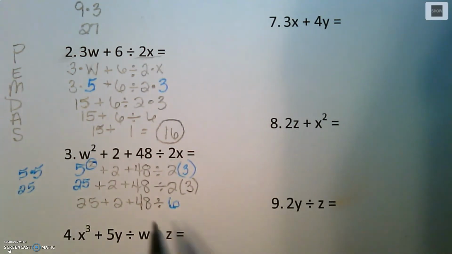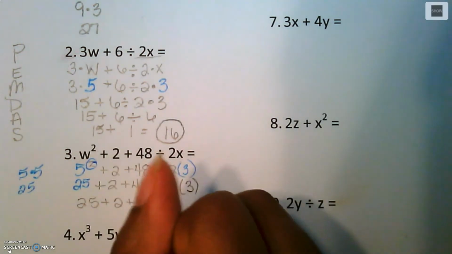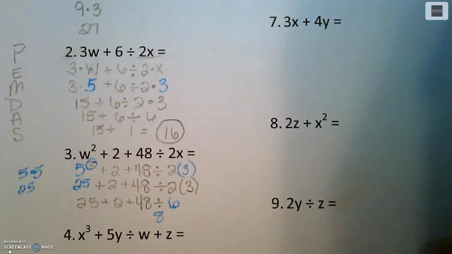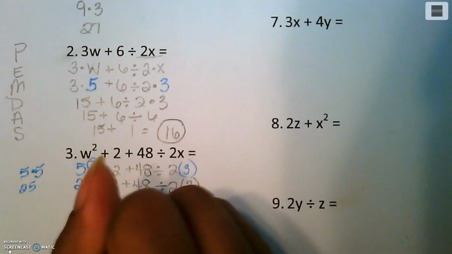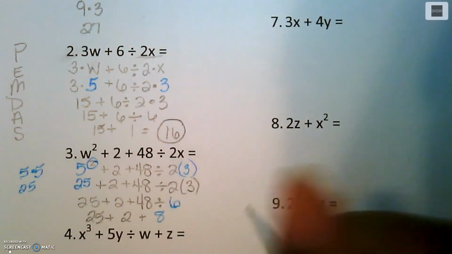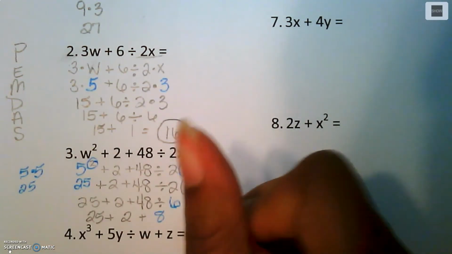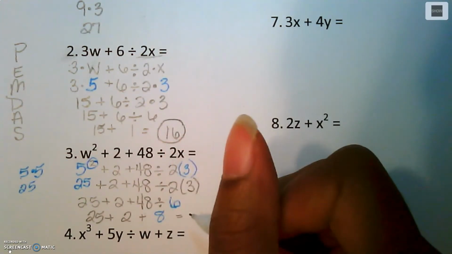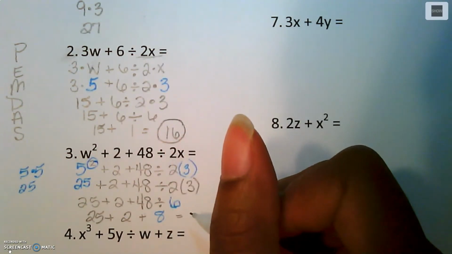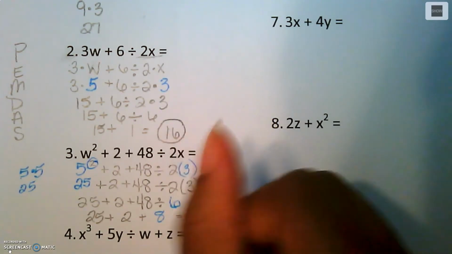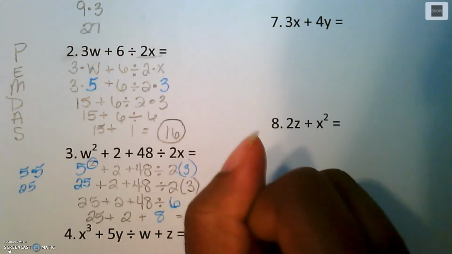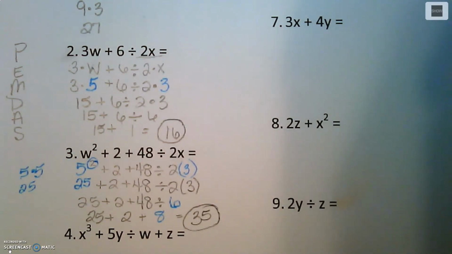The next operation I do is 48 divided by 6, which is 8. So I'll put an 8 here. Then I'm just going to rewrite everything else. Now here is just addition straight across. So 25 plus 2 is 27. And then plus 8 is 35. So you should have got 35 for number 3.